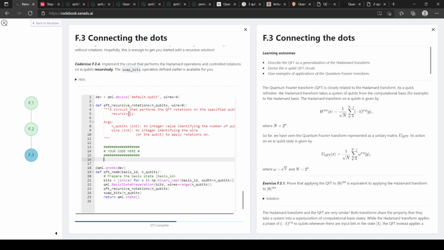So we want to do, let's think about, okay, well, our base case, right? Every recursive function has a base case.